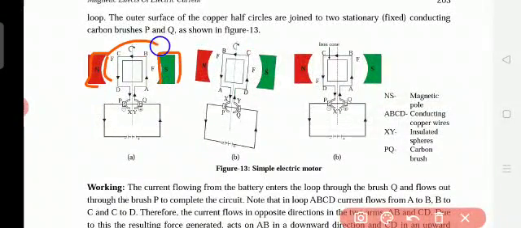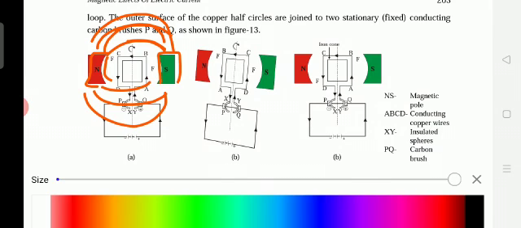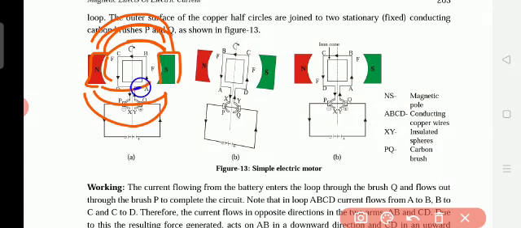It has a magnetic field, some magnetic lines of force. In this magnetic field, we place a current carrying conductor, a copper metal which conducts electricity, in between the poles.